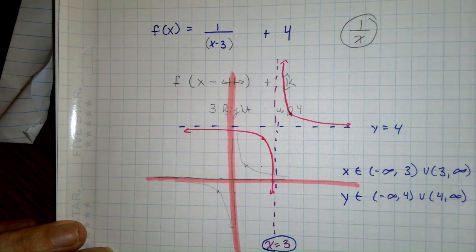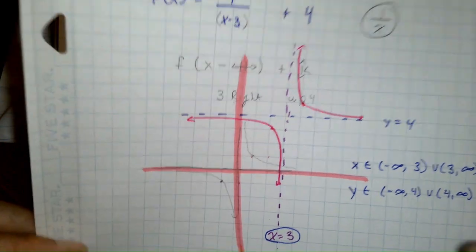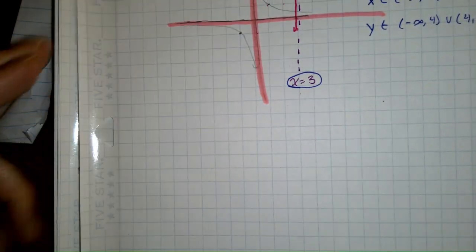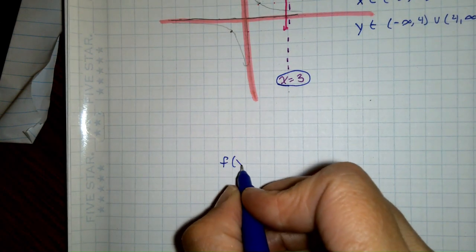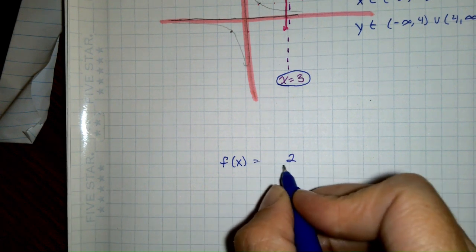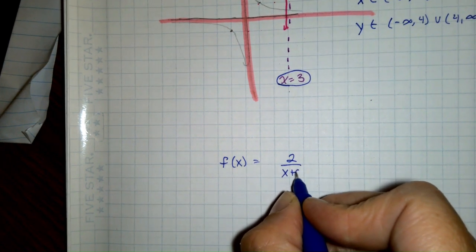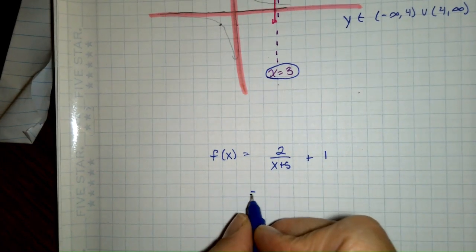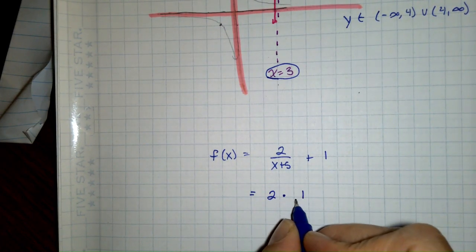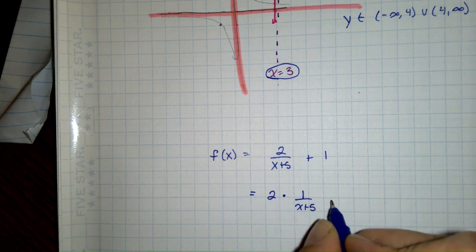You might ask yourself, well, what happens if you have a number besides 1 as the numerator? Let's say you have f of x equals 2 over x plus 5 plus 1. Well, this is the same thing as 2 times 1 over x plus 5.